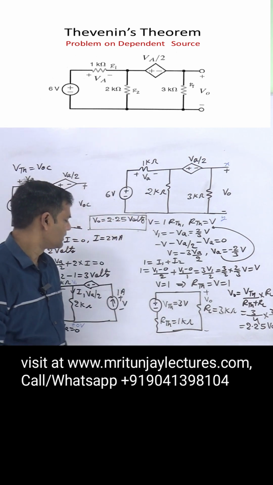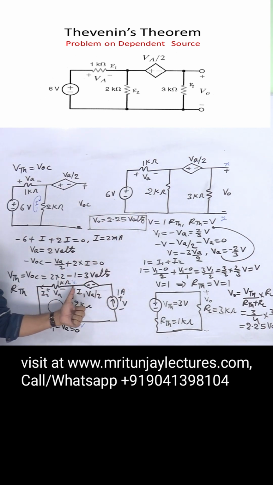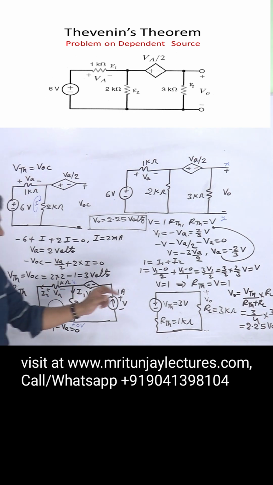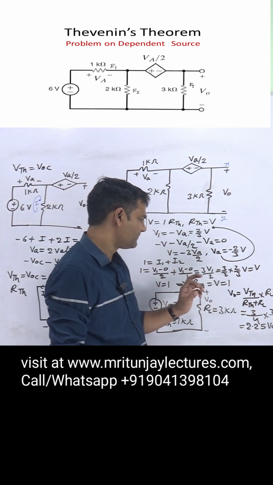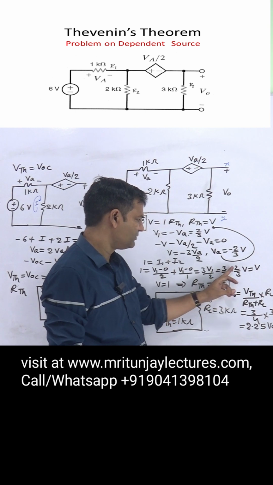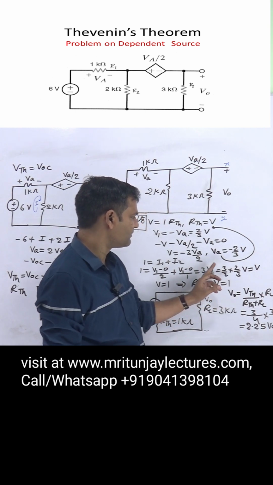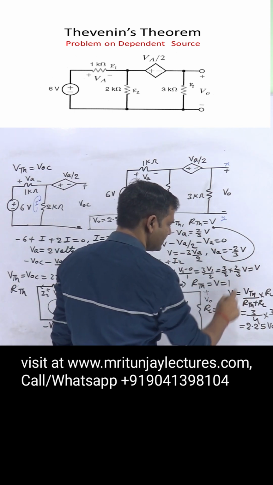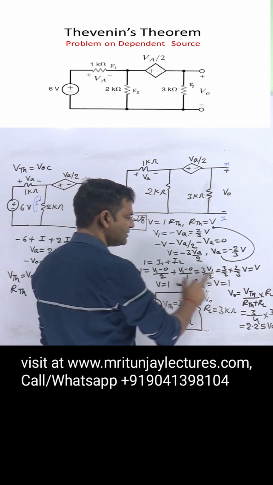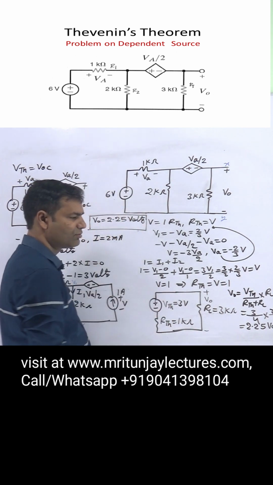After that apply KCL at that node: 1 ampere is equal to I1 plus I2. I1 is V1 minus 0 divided by 2 and I2 is V1 minus 0 divided by 1. After solving this we get 3 V1 by 2. V1 is 2 by 3 V, put this value and we get 1 equal to V, it means V is equal to 1.